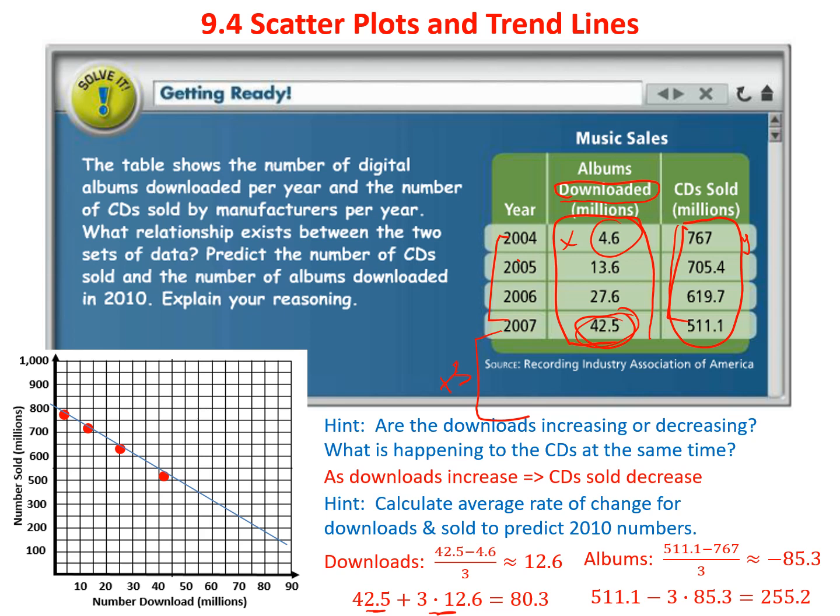And if we subtract 85.3, 3 times because I'm going 2008, 2009, 2010, I can see that by 2010 it'll be down to about 255 million. Notice they're still selling more CDs than they are albums. There's still a market for people who want to actually own the music and be able to play it on their CD player, etc. Okay?